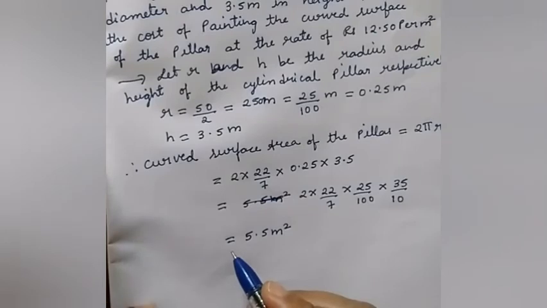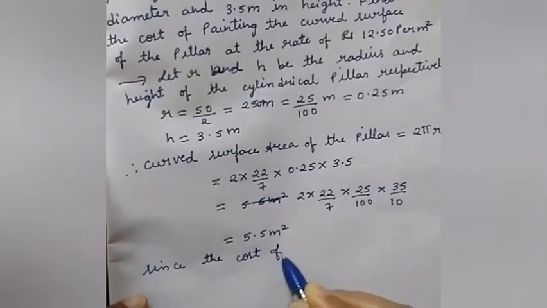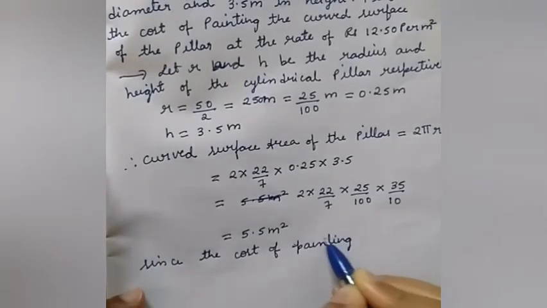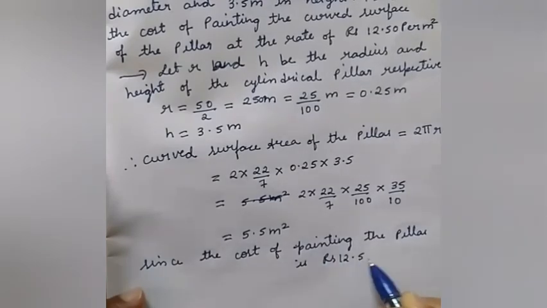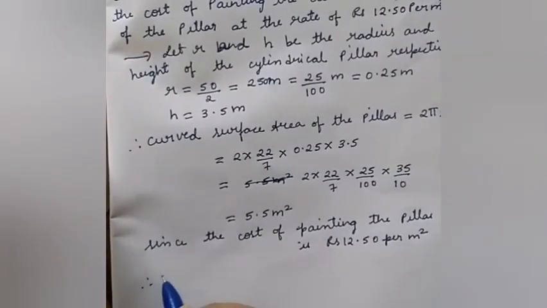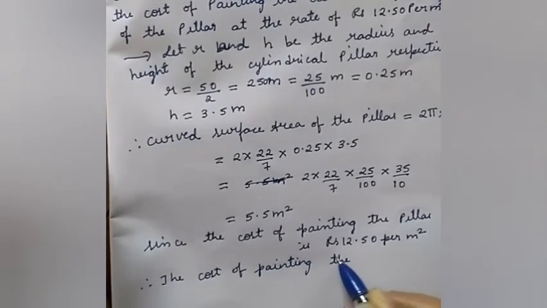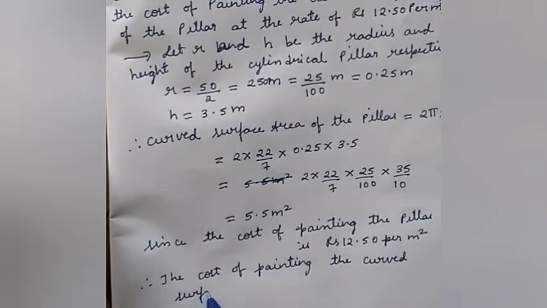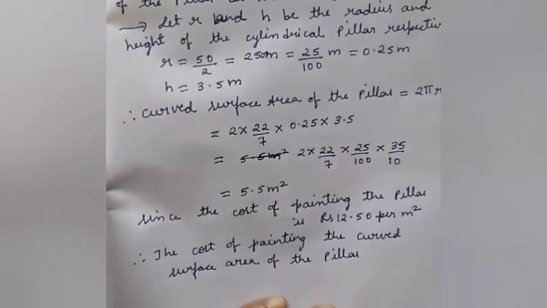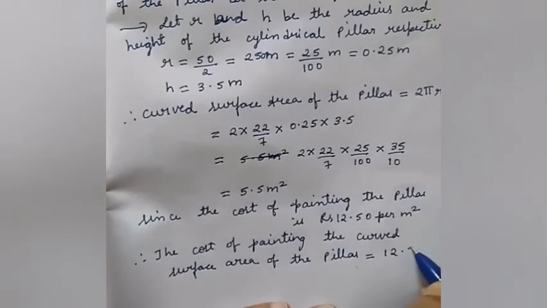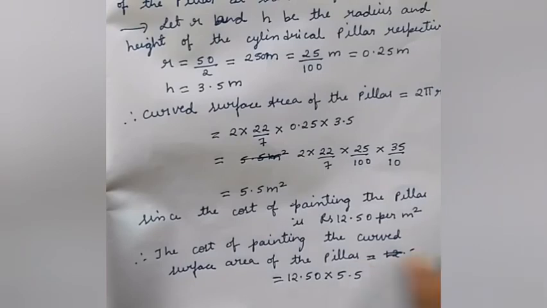Since it is given that the cost of painting the pillar is rupees 12.50 per meter square, the cost of painting the curved surface area of the pillar is equal to 12.50 into the curved surface area we have obtained, 5.5 meter square.